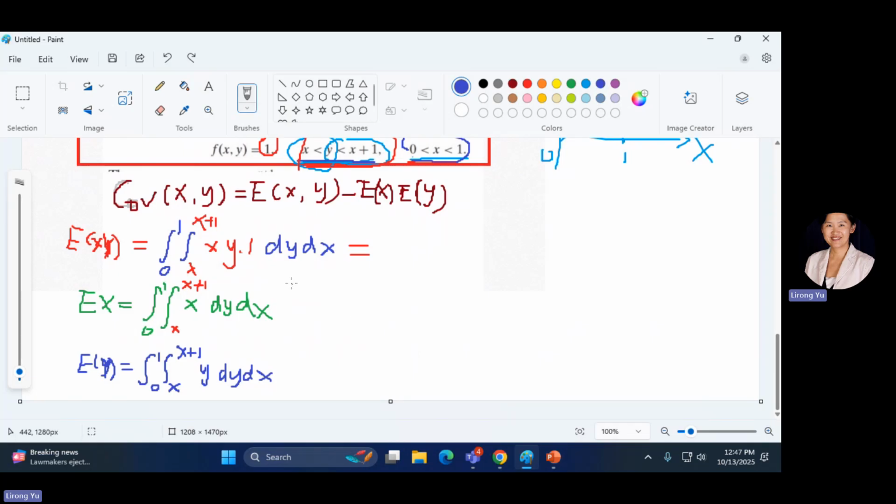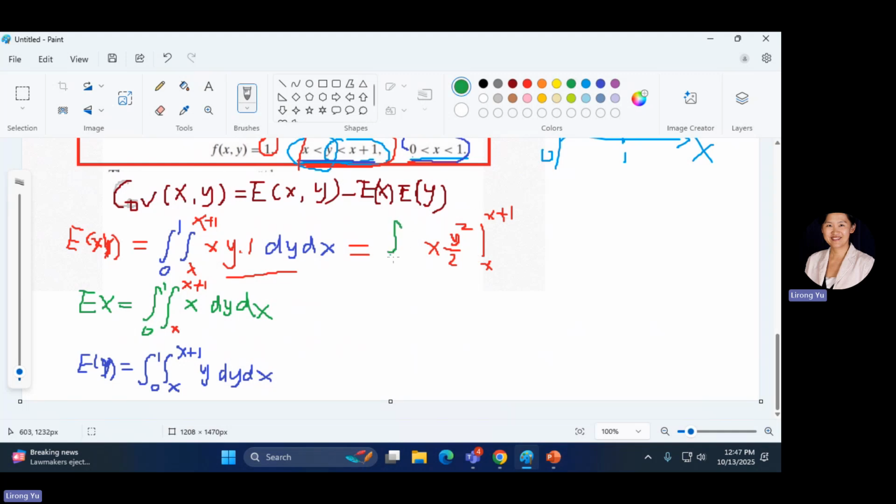So let's finish the calculation part. The first one has two variables. So this one is y dy, and you can integrate y dy. It will be y squared over 2, but x is multiplied, so x times y squared over 2. The integration limits will be x and x plus 1. That's the inner layer of the integration.